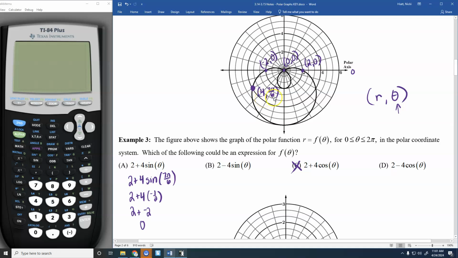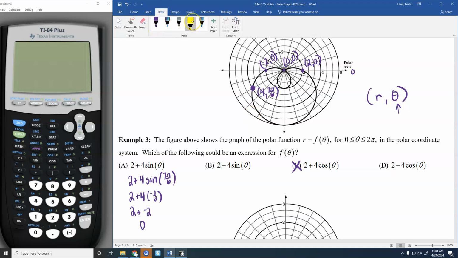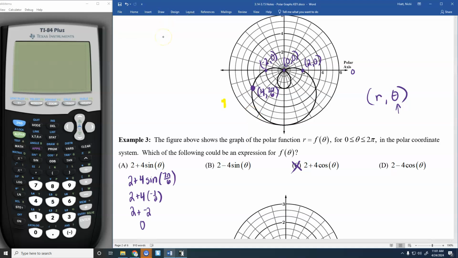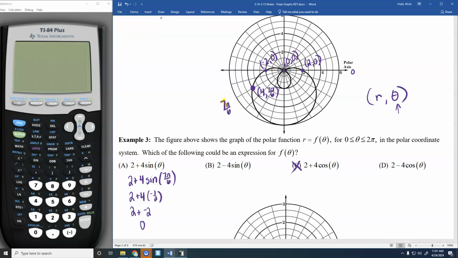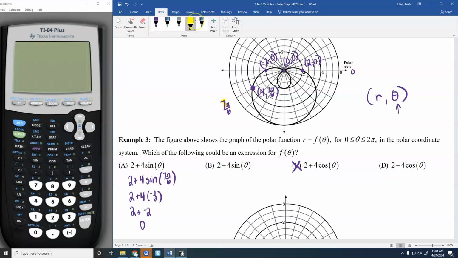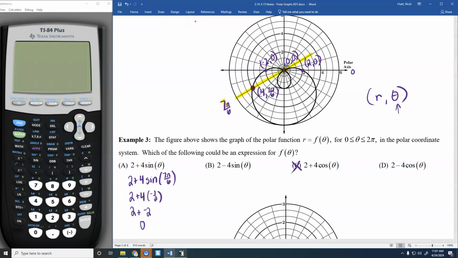Yeah, but what's giving us trouble here is that, if I follow that line all the way across, it hits at more than one point. It also hits at 0, 0. So I got 0, which would also be okay.